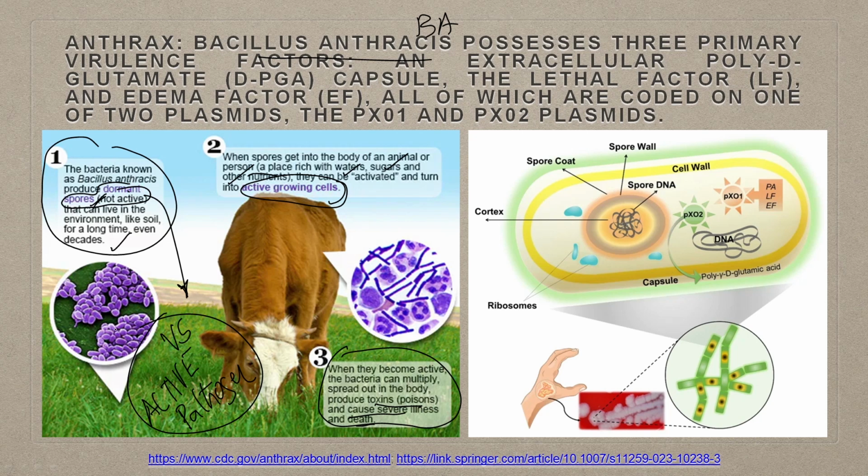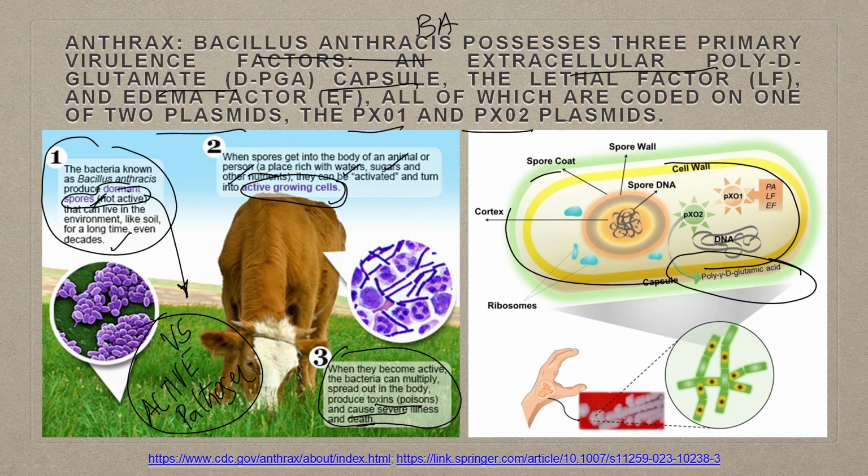Now, if you look at what it consists of, it consists of 3 primary virulence factors and an extracellular poly-D-glutamate, DPGA, capsule. As you can see in the picture, there is a poly-D-glutamic acid DPGA capsule, which is this layer. Then the lethal factor LF, and the edema factor EF, all of which are coded in the 2 plasmids, PX01 and PX02.